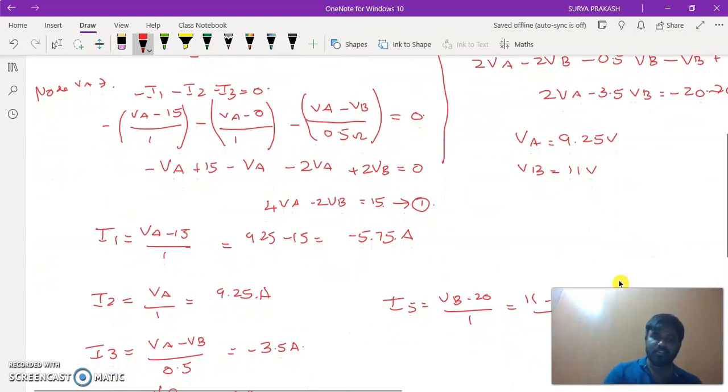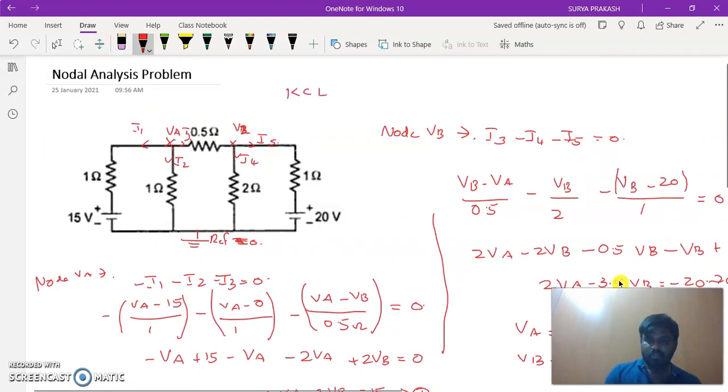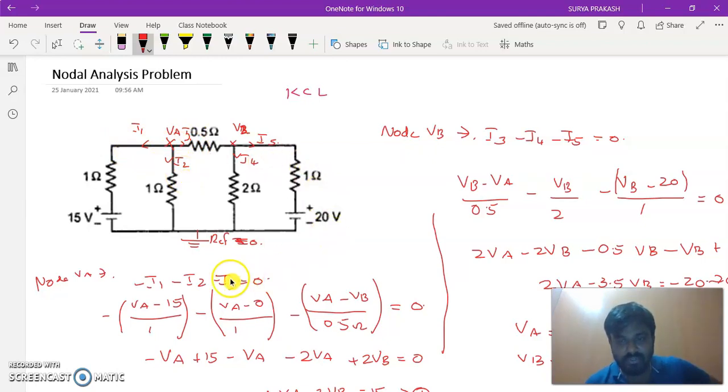The summary of solving nodal analysis is like this. We have to choose the nodes and the node voltages to be obtained. The next step is to choose the currents, preferably leaving the nodes at each branch connected to each node, so I1, I2, I3 have to leave the nodes. Then apply KCL at each node with the proper sign convention.